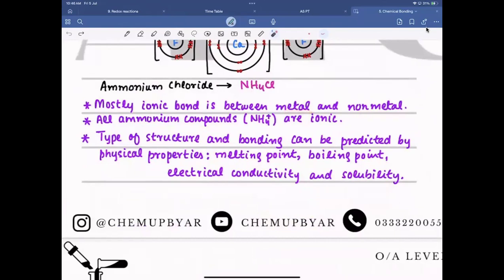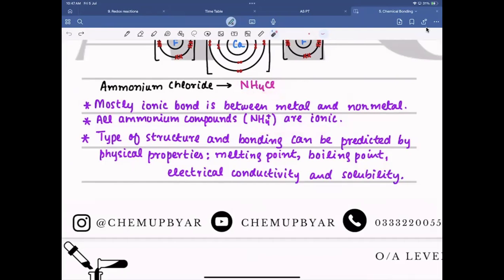Yes. That is correct, mostly an ionic bond is between metal and non-metal. Okay. Yes, sir. But in ammonium chloride, did you find any metal? No, there is no metal, but it has an ion. See, all ammonium compounds, not ammonium chloride only, have the ammonium ion in them. So they are ionic. Why? Because they have different ions in them. They don't have any atoms.